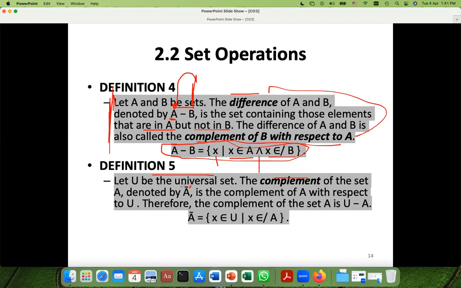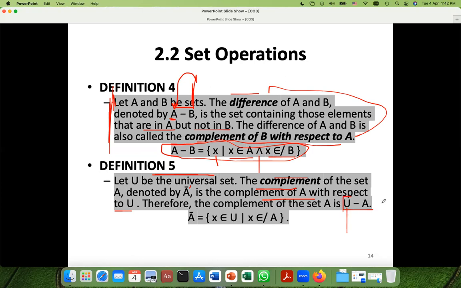So this complement that you will calculate, A bar, will have some elements that you are calling the complement of A. It is the complement of A with respect to the universal set U, which I told you earlier. And you can represent the complement of set A like this: U minus A. It is the same as the difference, nothing else, but here we have the universal set.